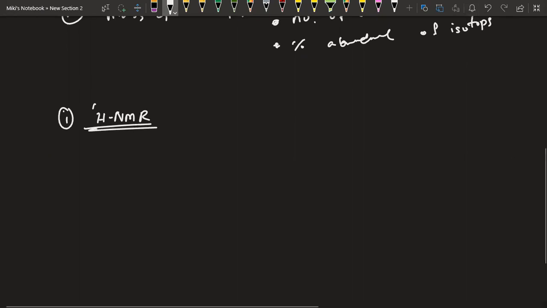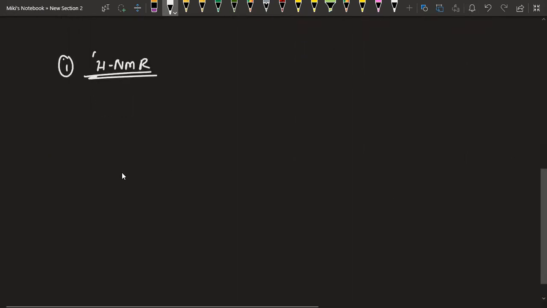At first we have to identify the chemical environments. Let's see what this term actually means. What is chemical environment? Let's observe that first. Let's say we have this molecule here, an organic substance, an alcohol.